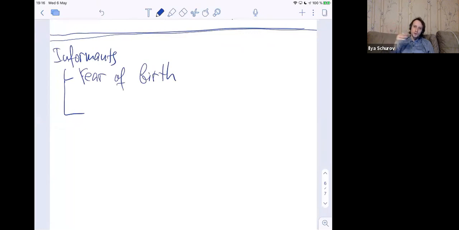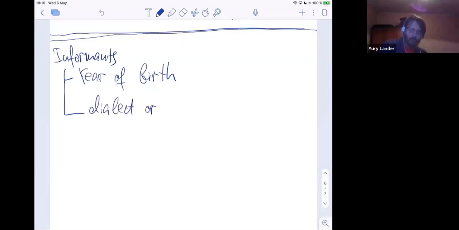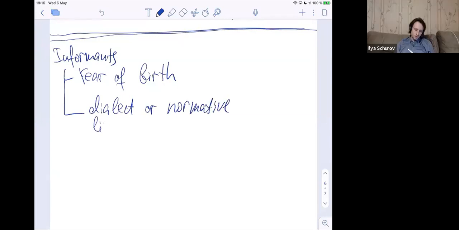So they recorded some oral speech, and in this speech, they considered different linguistic features. I don't know the details of these linguistic features, but I know that each linguistic feature can be either in dialect form or in normative form. So we have dialect or normative, some linguistic features.